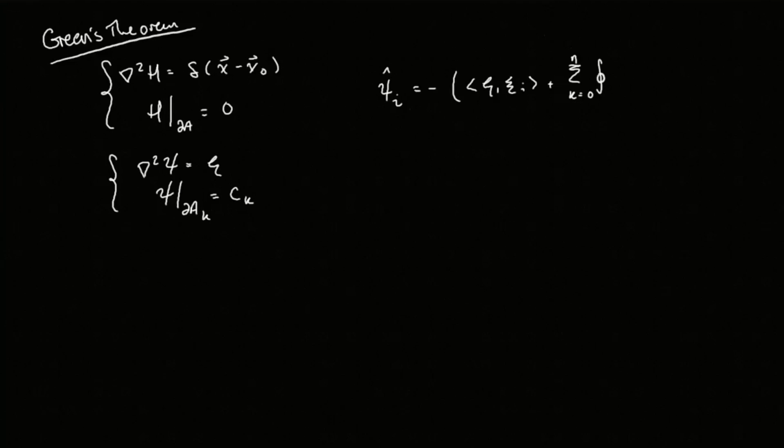We have a boundary integral over each of those little boundaries, so the outer boundary and all those little islands. We have the CK, and we have grad CI dotted with n hat dl. And then we have a lambda I to the minus 2. So that's those coefficients. We do the same thing here.